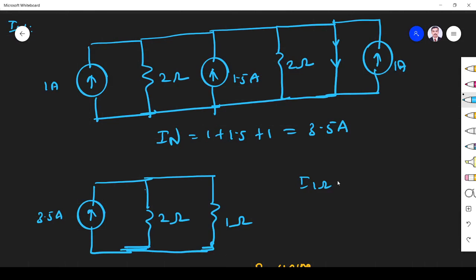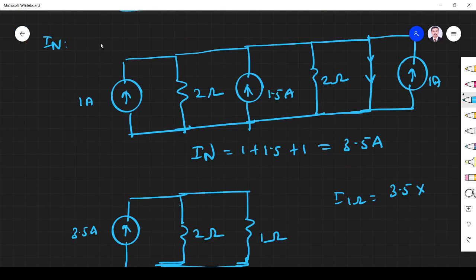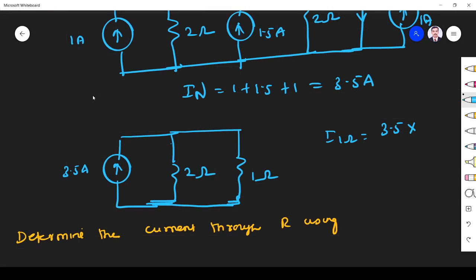I through 1 ohm is given by, it is parallel, so I apply the current divider rule, total current into the opposite resistor. Sorry, what is R Norton? R Norton is 1 ohm. So I replace with 1 ohm, 1 ohm.